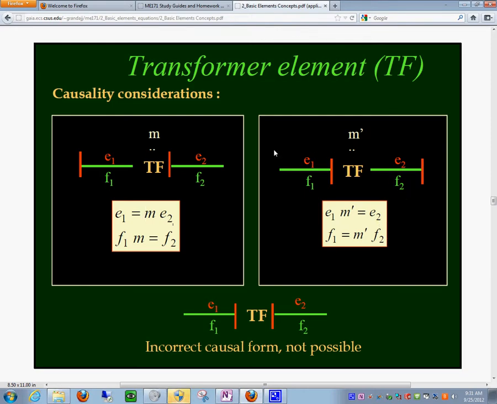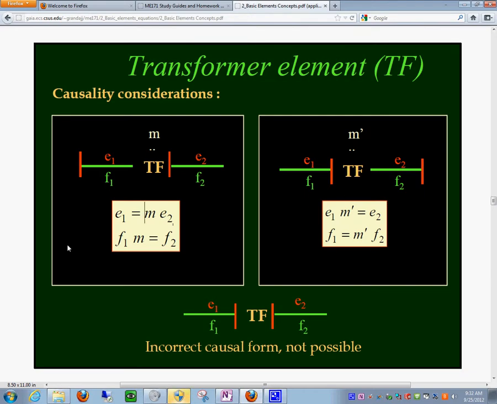Now, so we went this way, right? Now going this way, F2 is the input to TF, multiplied by M prime, it goes to F1, and that's this one. See? I think instead of memorizing this, that's the best way to learn this transformer element.